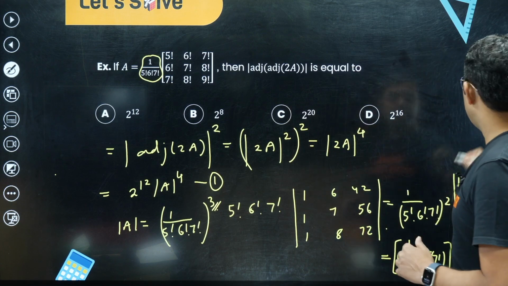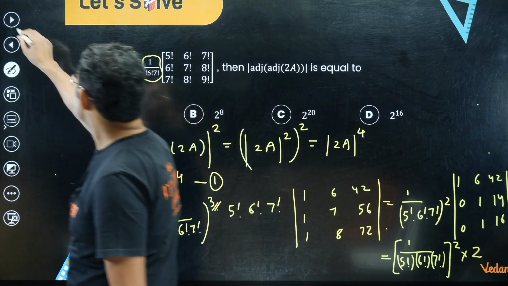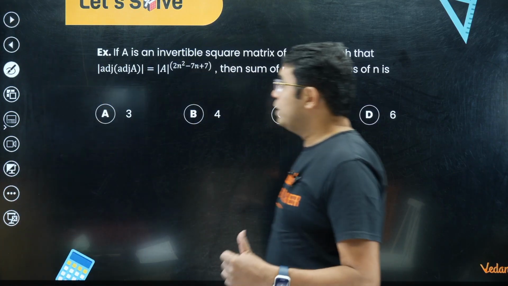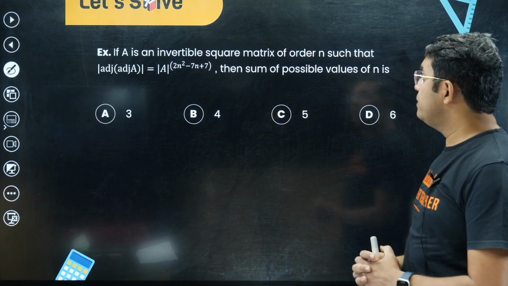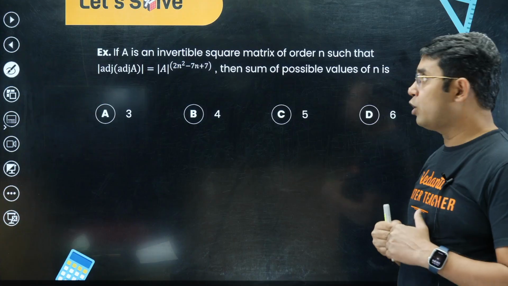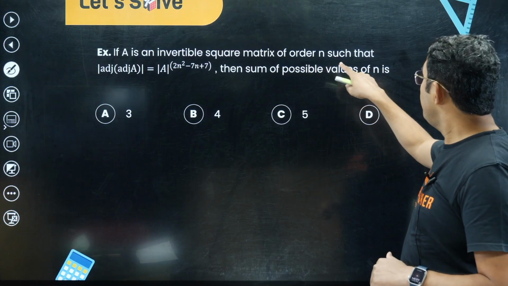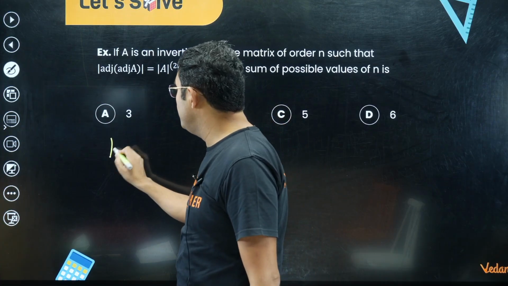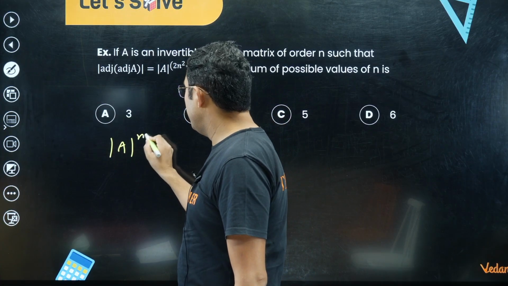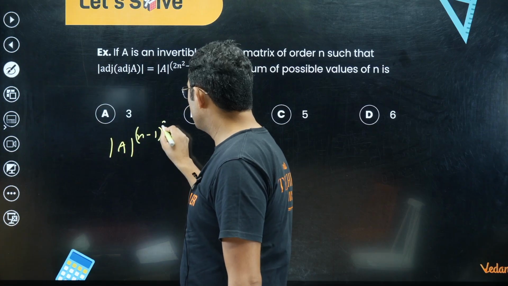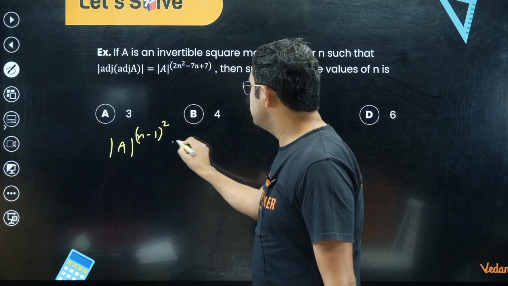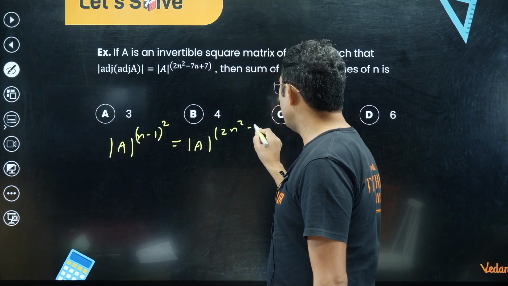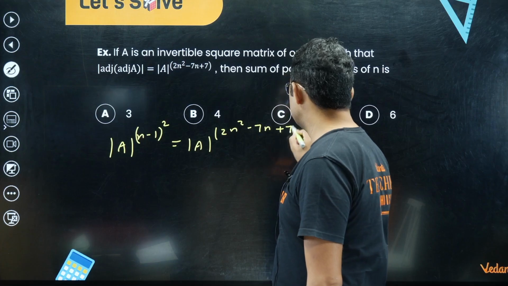Okay. So coming to the next question. Now this question, A is invertible. Invertible means determinant value will not be equal to 0 of order n such that adjoint of adjoint A. I think same property we have to use. So determinant of A power n minus 1 square for this thing is equal to determinant of A power 2n square minus 7n plus 7.